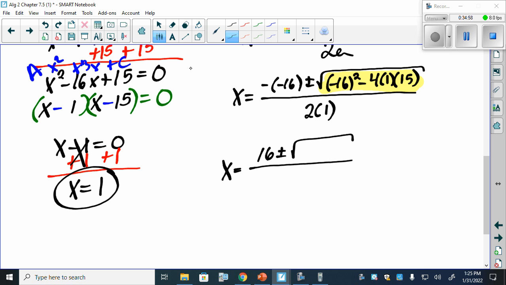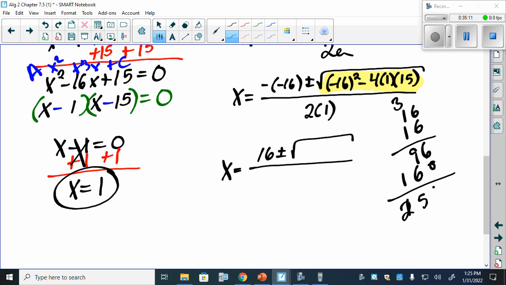And 16 squared is 256, minus 4 times 15 is 60, over 2.